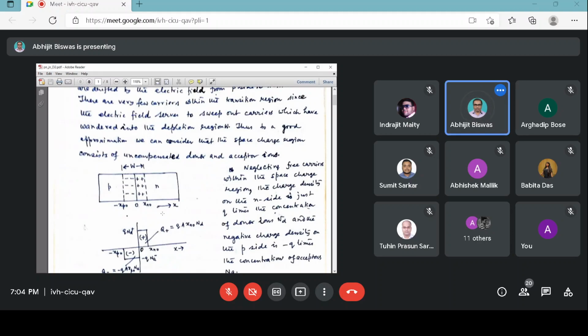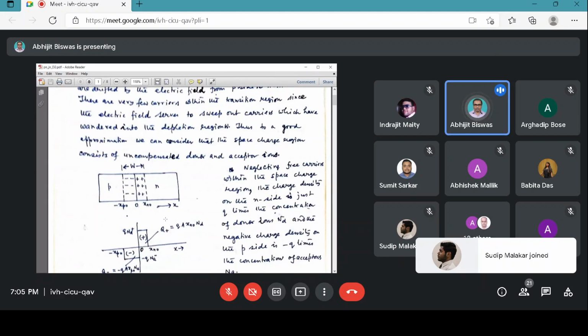On the left hand side, you see these negative ions. That means these are all acceptor ions, immobile acceptor ions. This depletion region extends up to x equal to minus xp0 on the p side, whereas on the n side it extends up to x equal to xn0. And plus means all are donor ions.